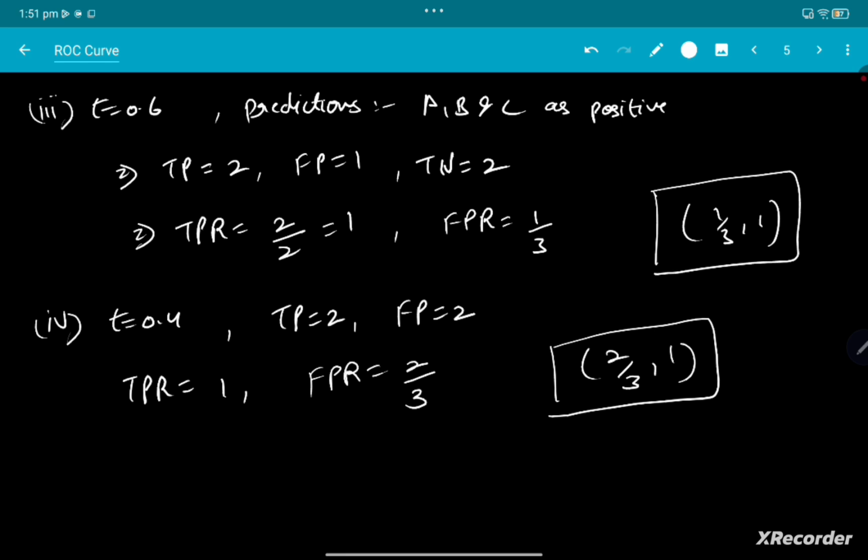Now finally, let us take t equal to 0. So in this case, it will predict all samples as positive.